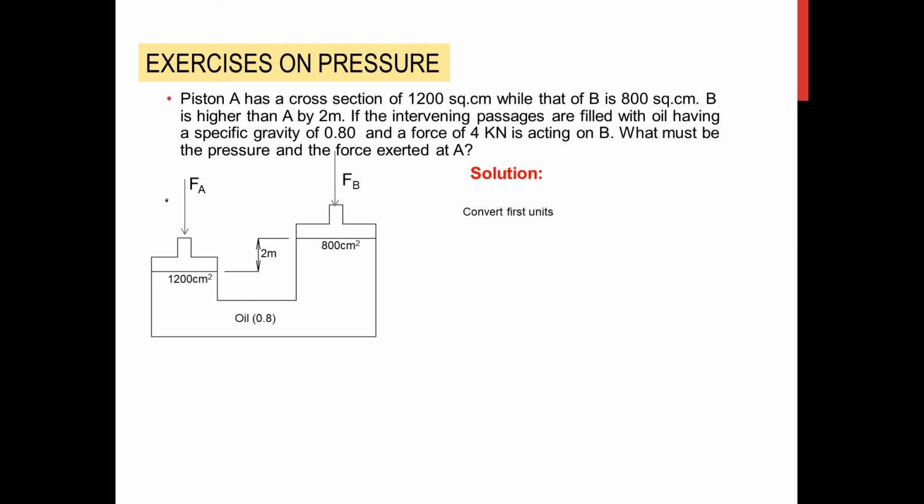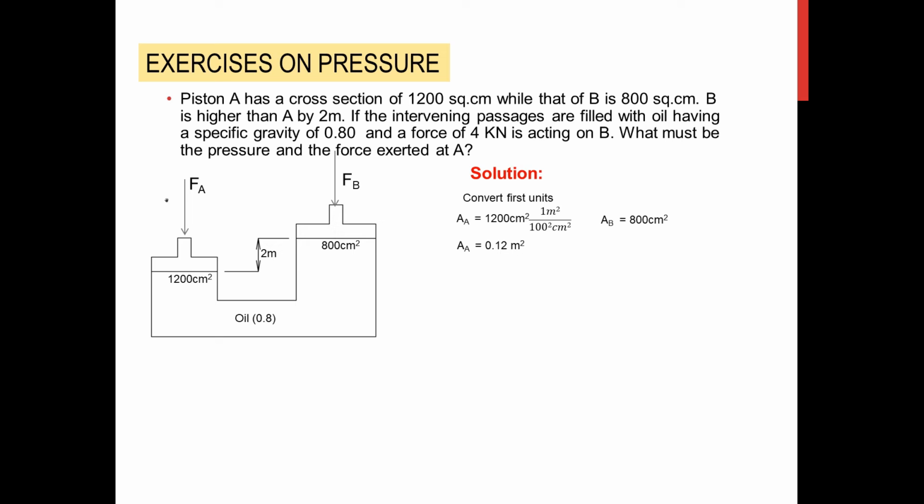So solution, of course, we want to convert our units. From centimeter, we can convert that into meters by the conversion factor that 1 meter is equal to 100 centimeter. All of those will be squared since we are converting square centimeters. So we have the area of piston A equivalent to 0.12 square meters.